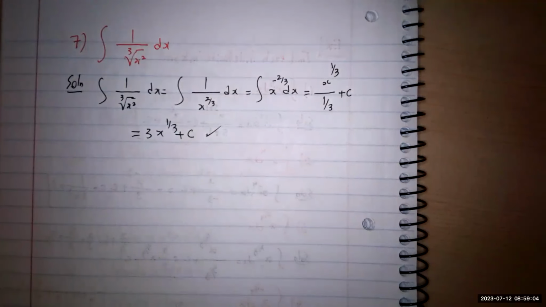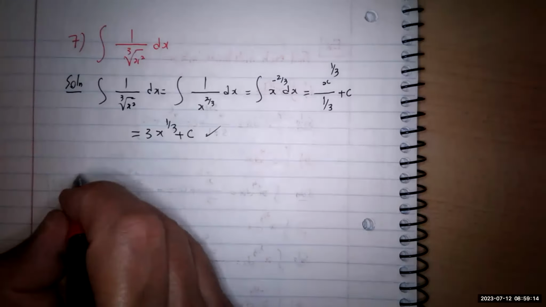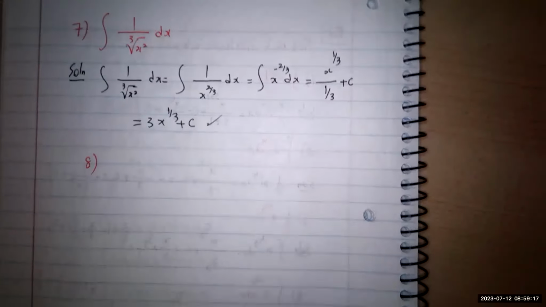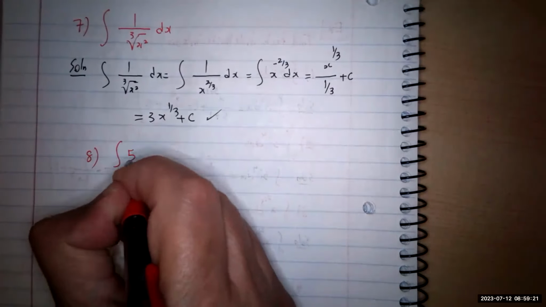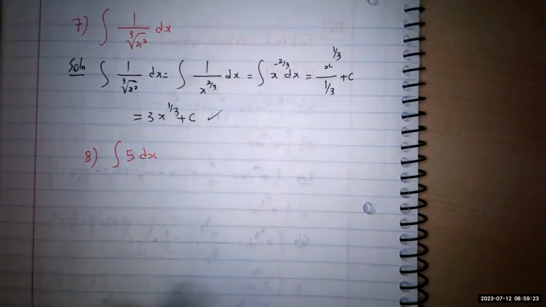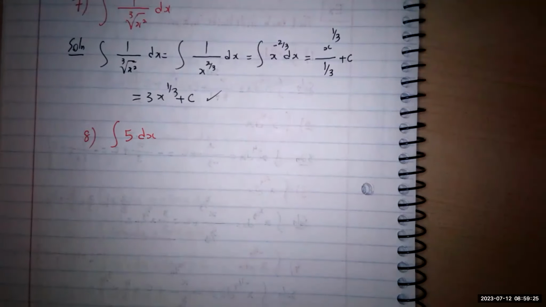Okay, so these are all the possibilities that we can have with this expression. Any question? This is clear, but we just would like to make a note of this. You see, if you have integral of 5 times dx, any suggestion for this one?